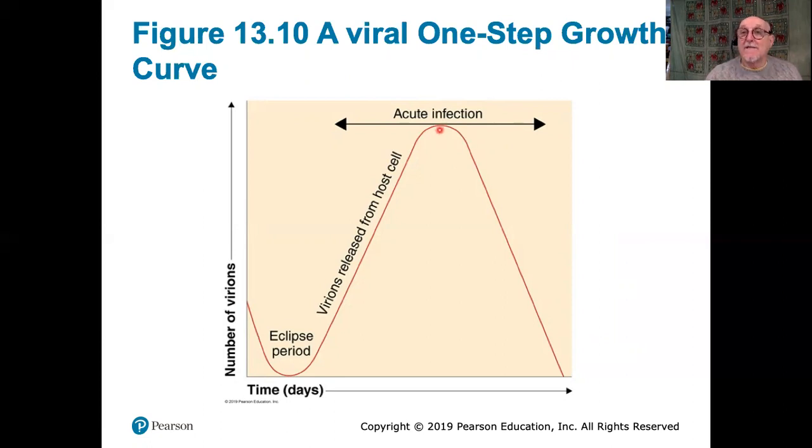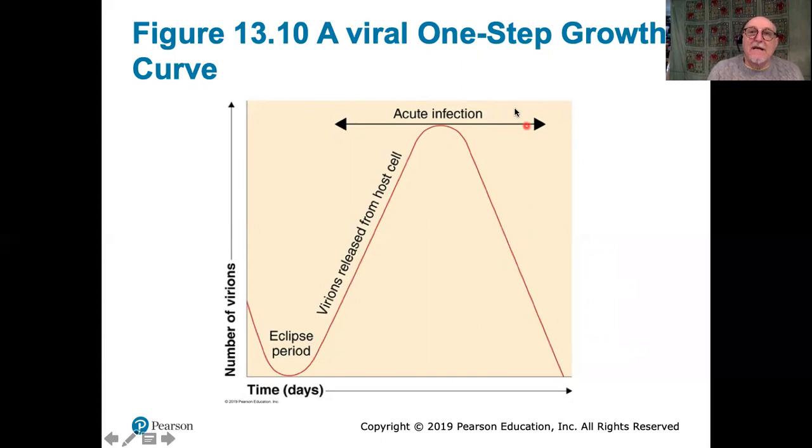And once the immune system responds adequately, the virus circulating in the body begins to drop, and eventually it falls to zero. So if we follow this, it's somewhat different to that growth curve that we saw before.